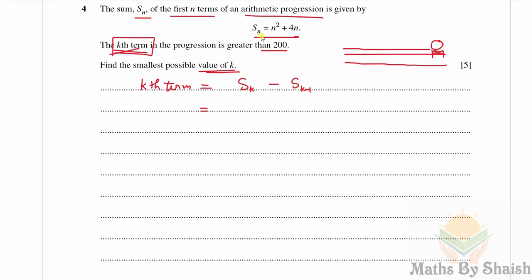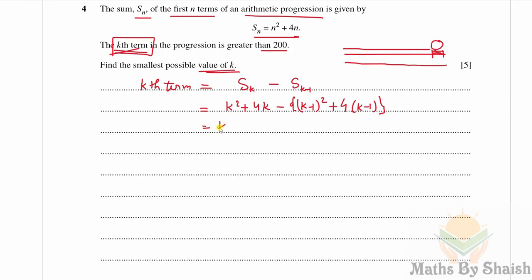So we are going to get it from here, that is k square plus 4k minus (k minus 1) whole square plus 4 times (k minus 1).